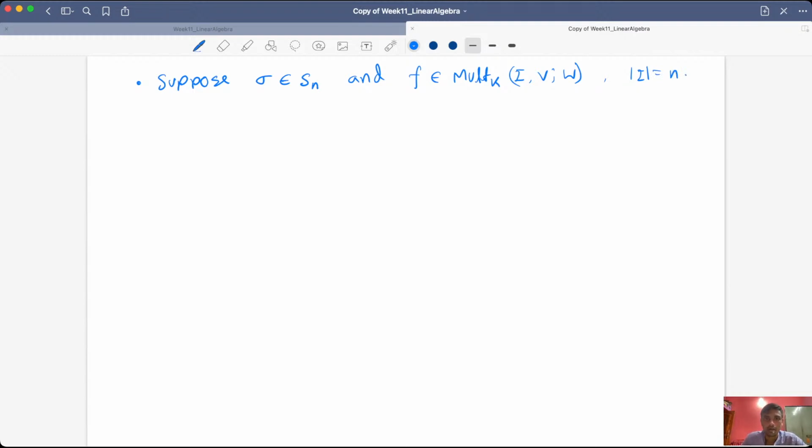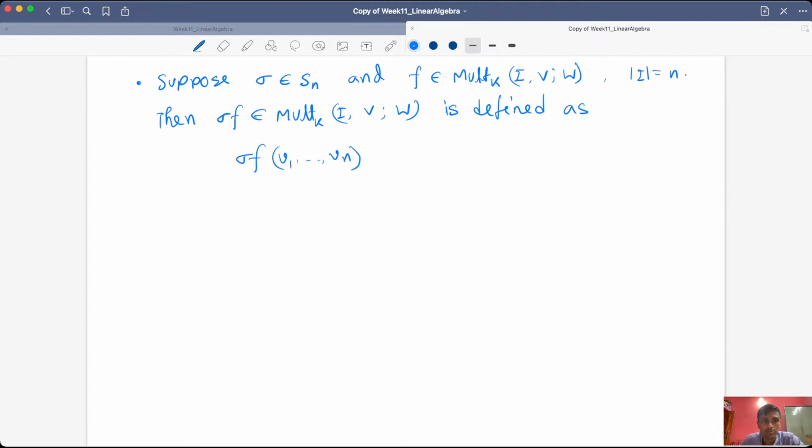Then define sigma f, belonging to Multi_k(V^I, W), as follows: sigma f of (v1, up to vn), because it takes n many values, V^n, is defined to be f of (v_sigma(1), up to v_sigma(n)), because sigma is a permutation of n letters, namely 1 through n. So this is again a multilinear map.